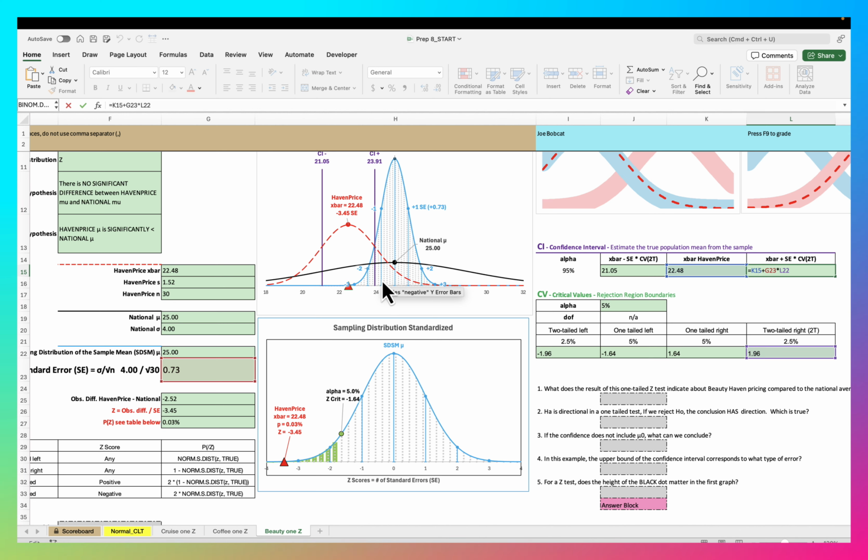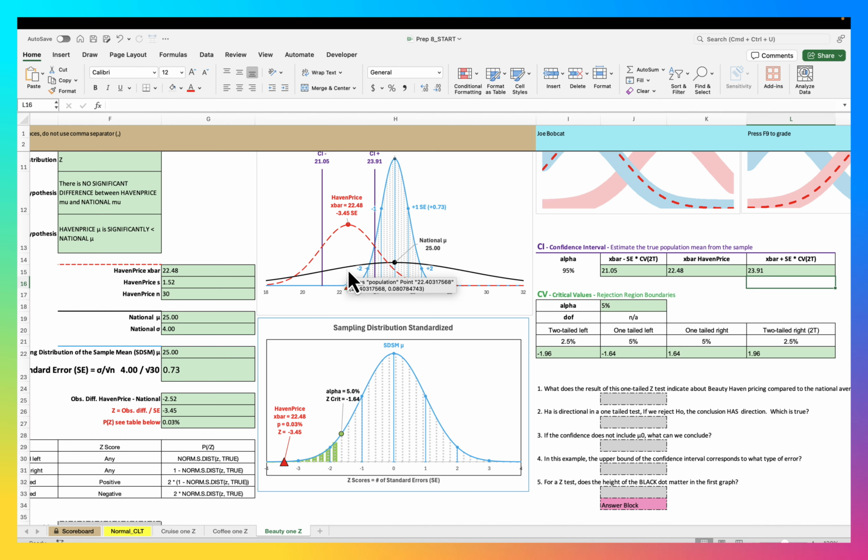And the answer is for 95%, you've got to go almost 2 standard errors, 1.96, that magic number. So you've got that many standard errors that you got to go. This is how big each of those standard errors is, and that's why it's that multiplication. And there's our confidence interval.